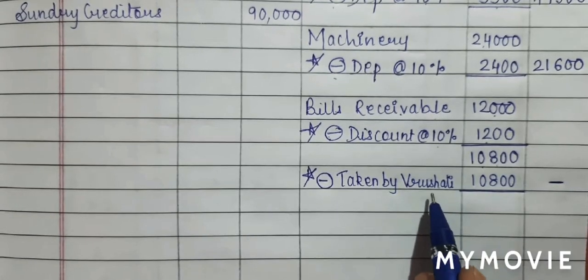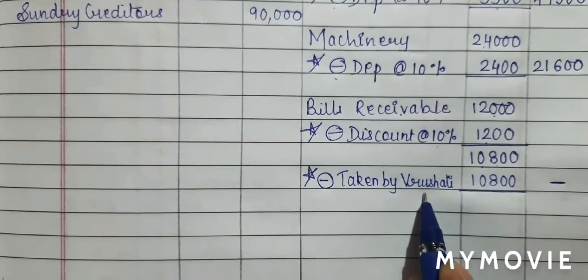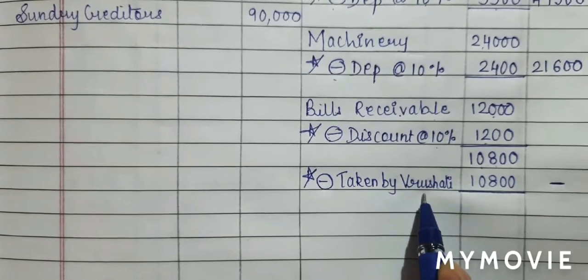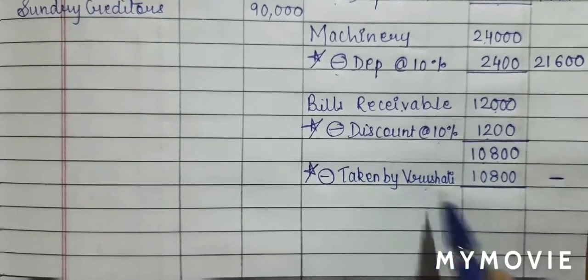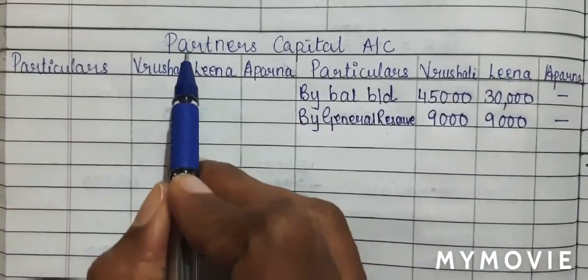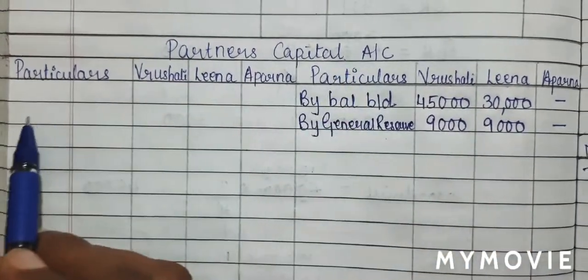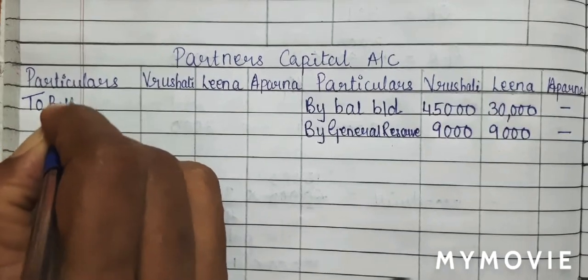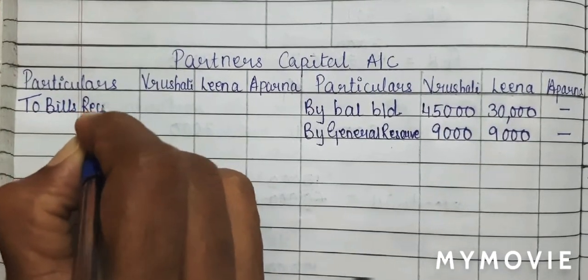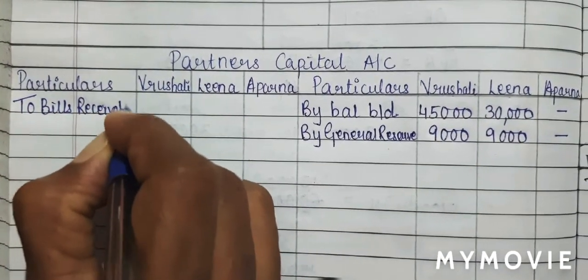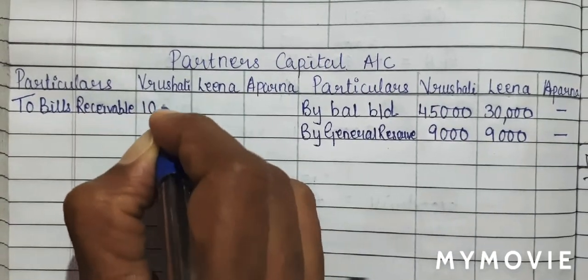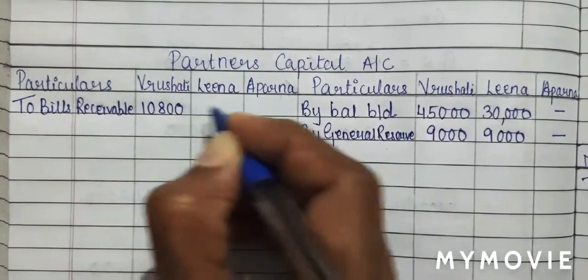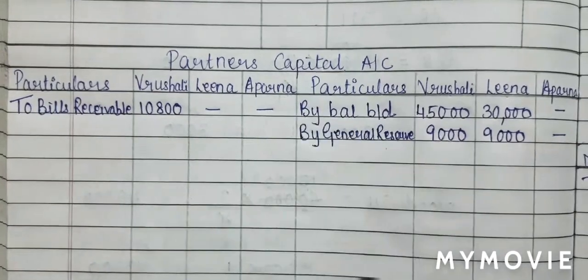So if a partner is taking over an asset, the partner will be debited. So let's write the second effect. So in partner's capital account on the debit side, we will write to bills receivable. Vrushali has taken over. So in Vrushali's column, 10,800. And the other partners will be that.